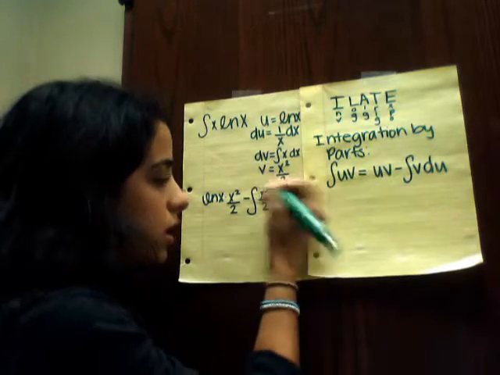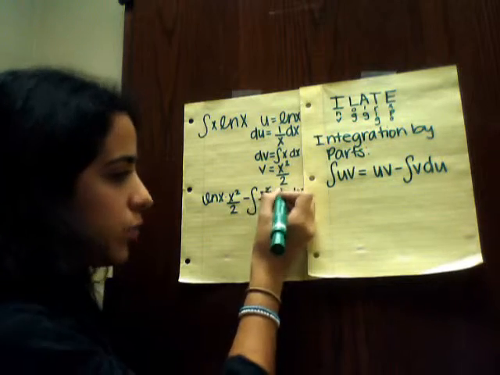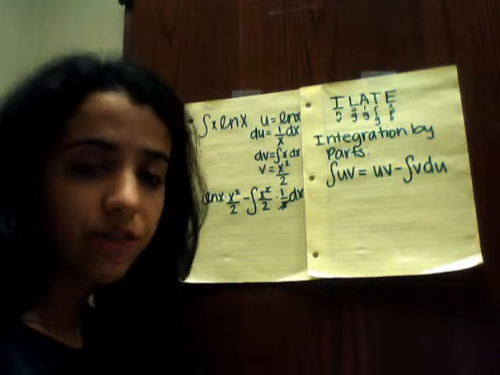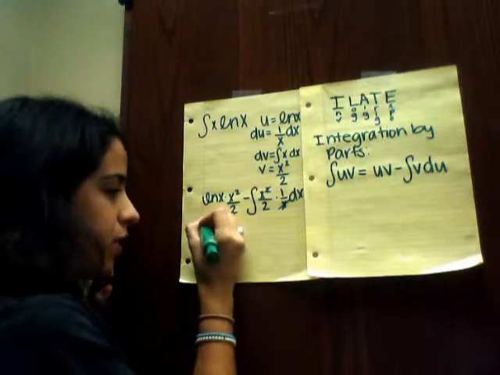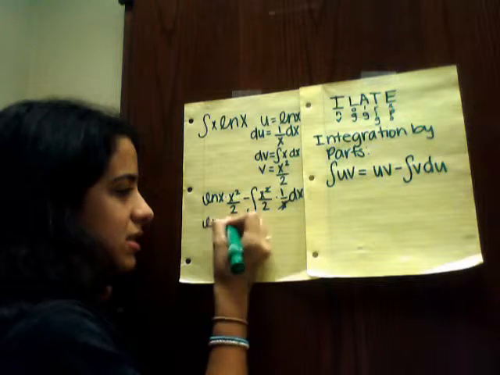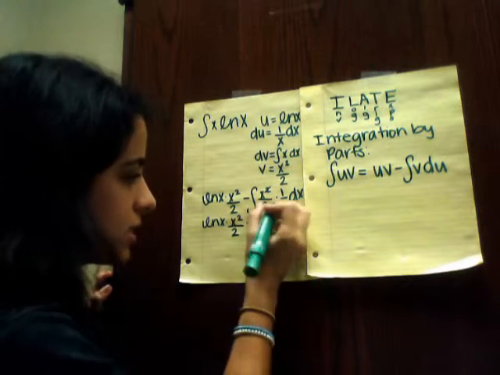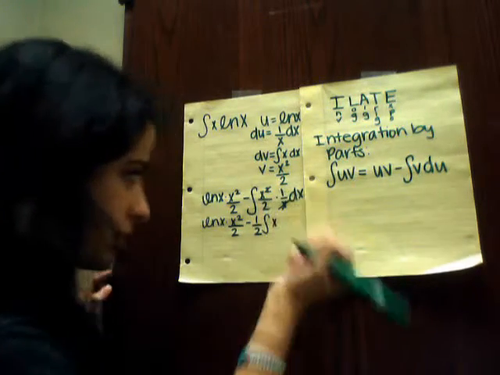First, what we're going to do is solve our integral. We're going to simplify here, and since the 1/2 is a constant, we don't want it to affect our values, so we can just take it out of the integral. We're left with ln(x) times x squared over 2 minus 1/2 the integral of x.